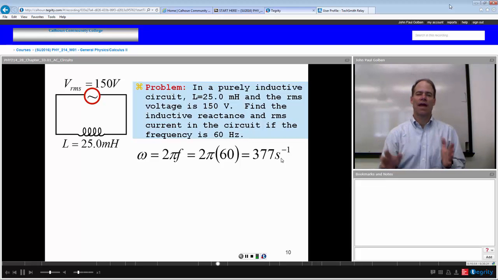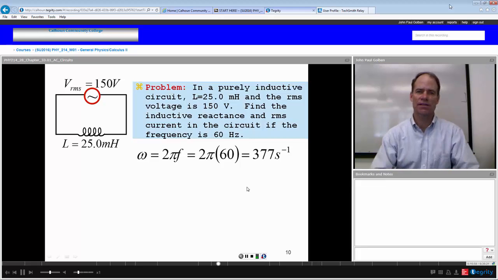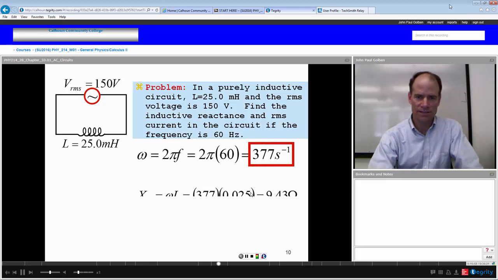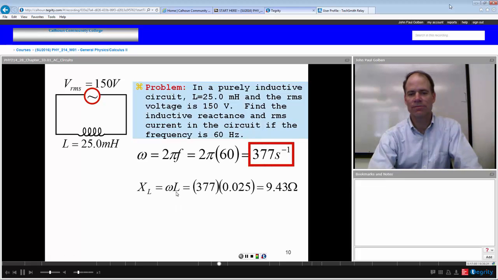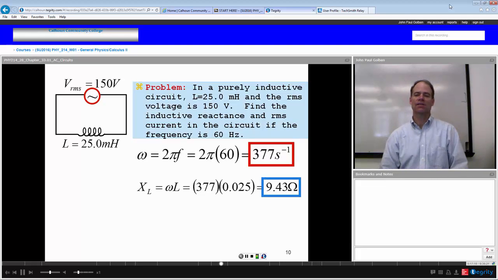If we know the angular frequency, we can calculate the inductive reactance. X sub L is omega times L, 377 times 25 millihenries, 0.025 henries, gives us an inductive reactance of 9.43 ohms.